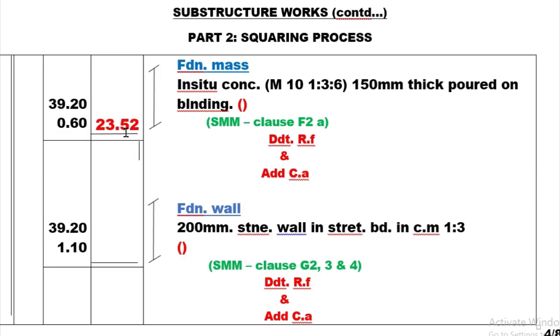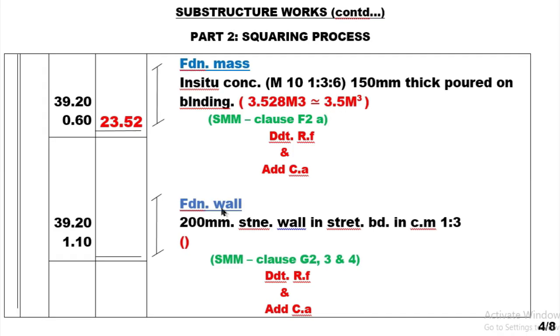If I'm interested again to get the volume of that foundation mass, I first turn this into meters, that is 0.15. If I multiply by 23.52, I get 3.528, which I can round off to 3.5 cubic meter.